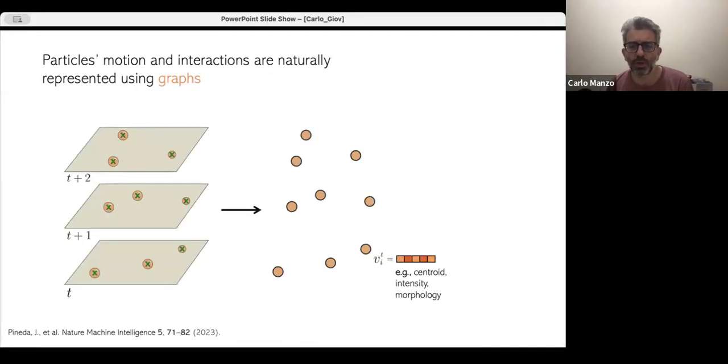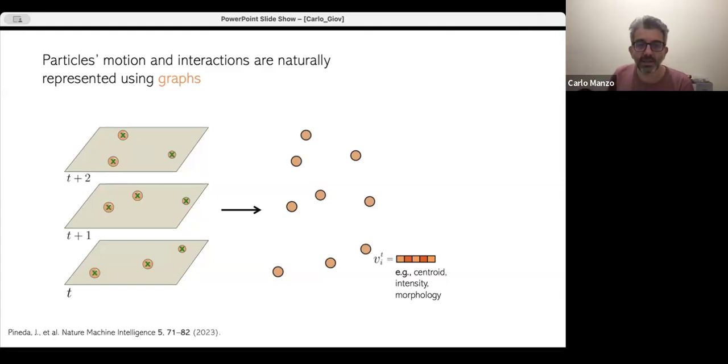So basically, after the detection and localization, we end up with a series of localizations, a series of coordinates, which correspond to cells. For each of these coordinates, we not only know the position, but we also know other information about the cells. We can calculate intensity, shape, morphology, and other parameters.